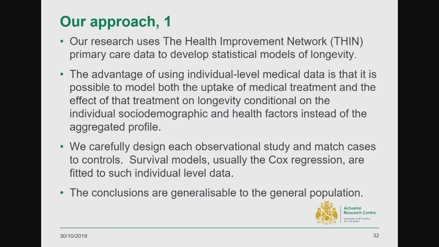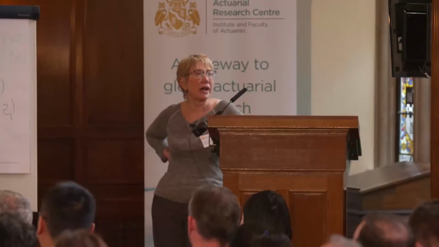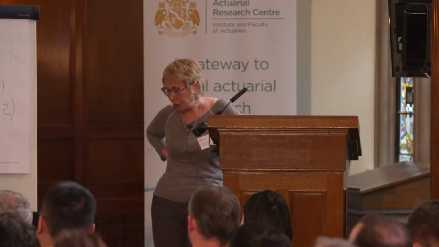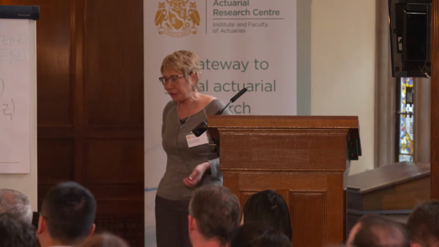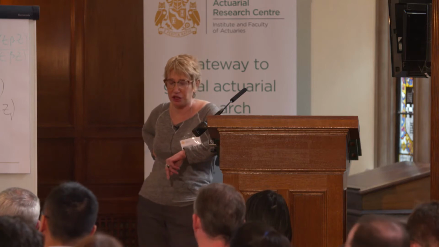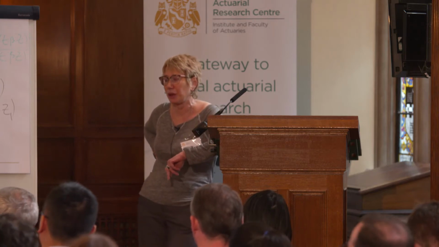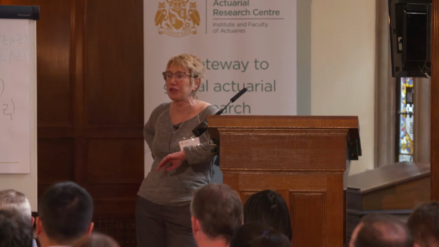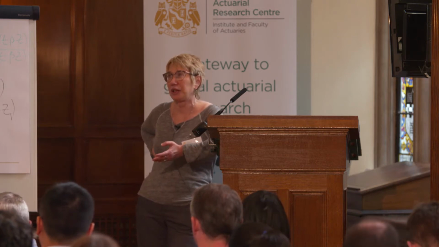So we carefully design each observational study, say for each condition or each intervention. And we also try to match cases to controls. We usually do matching on the general practice, gender and age. The reason we do this is because we believe that, say, in the same general practice, people are pretty similar.